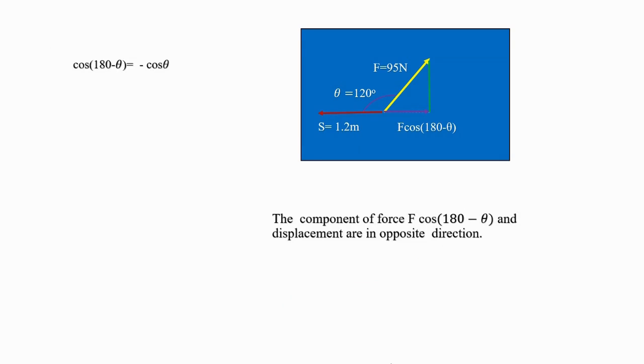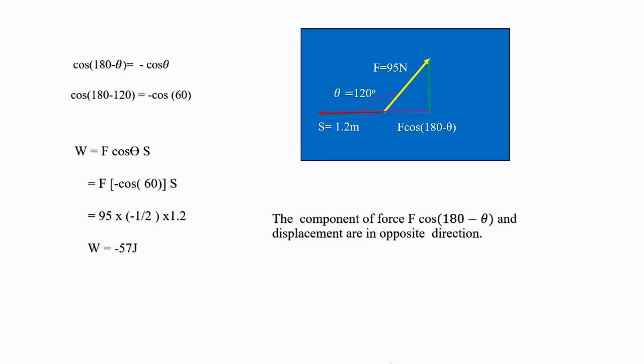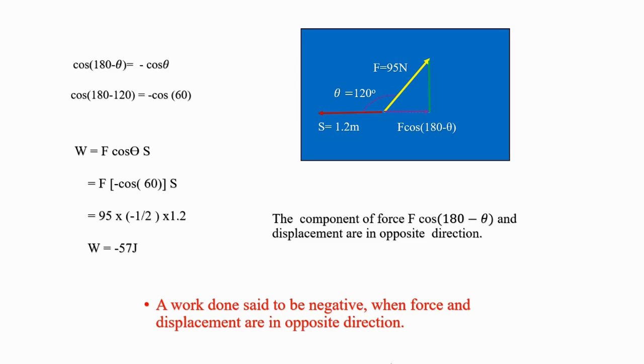Cos 180 minus theta is equal to minus of cos theta. Cos 180 minus 120 is equal to minus of cos 60. Work is equal to force into cos theta into displacement S. Substitute values. Work is equal to minus 57 joule. A work done said to be negative when a force and displacement are in opposite direction.